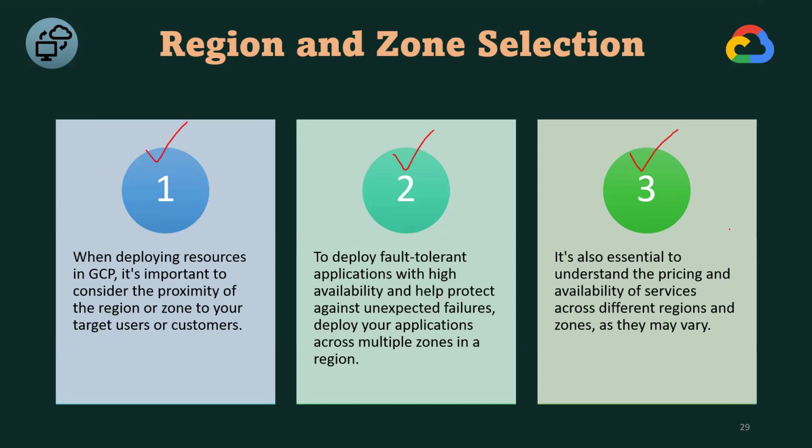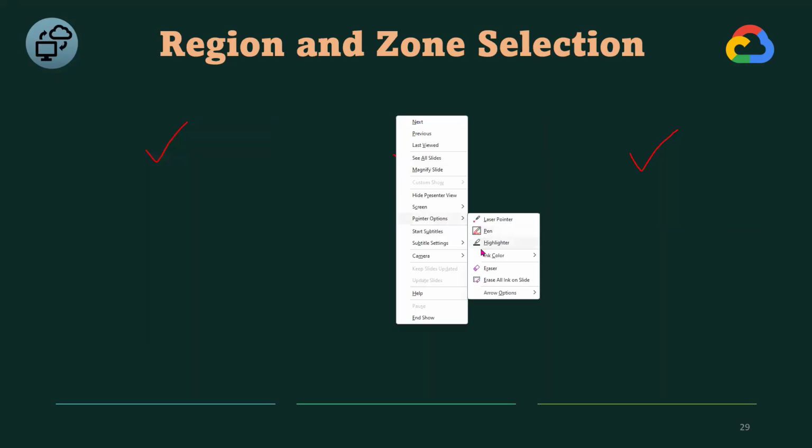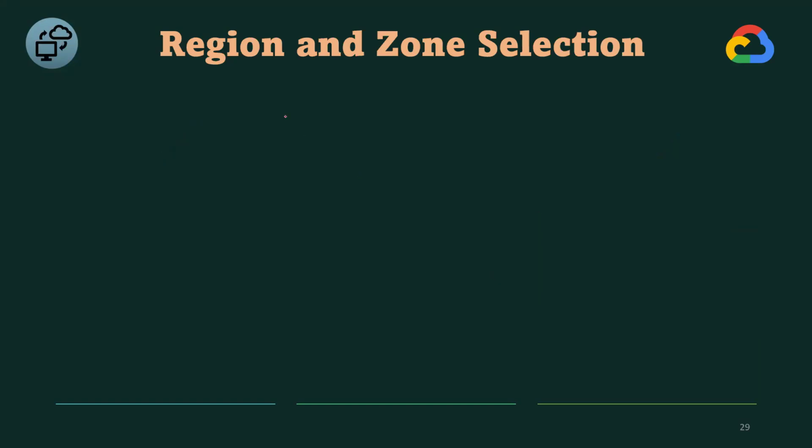It is also essential to understand the pricing and availability of the services across different regions and zones as they may vary. I told you about this point if you guys remember. What they are trying to say is that in one region, region 1, region 2, if I have one resource here, for example, some virtual machine, I may not be able to have the same virtual machine available here.